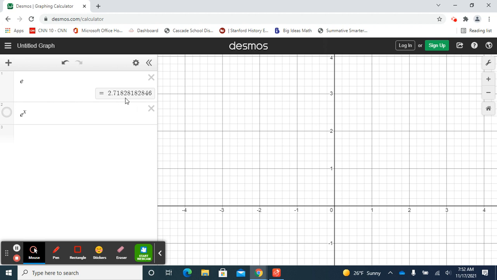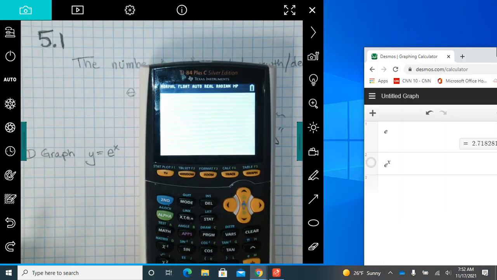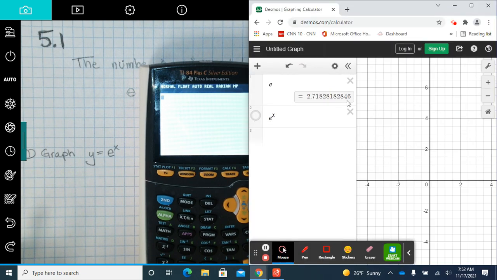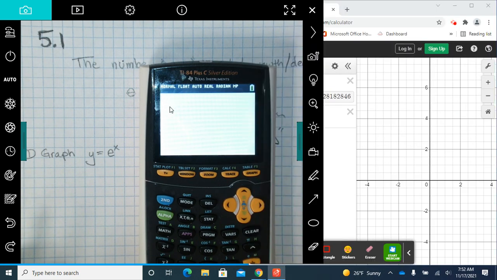You don't need to know that. Your calculator knows the number e. So when we're doing functions, we can plug e into the calculator.